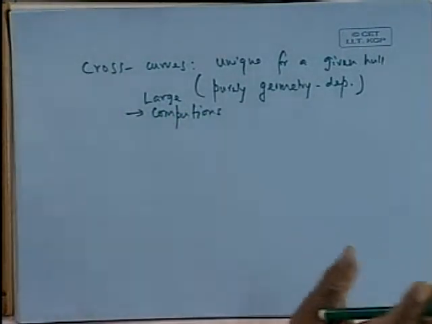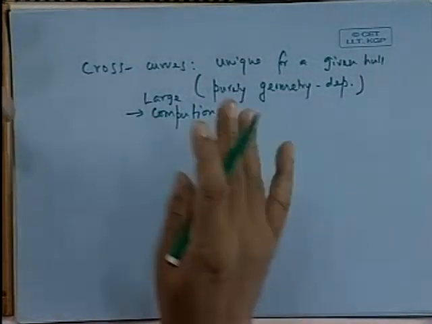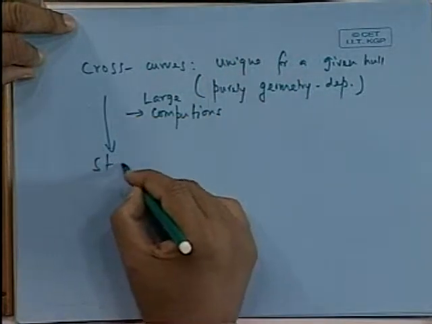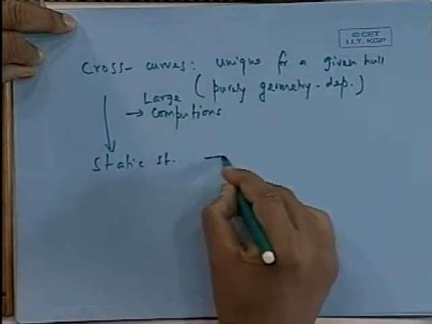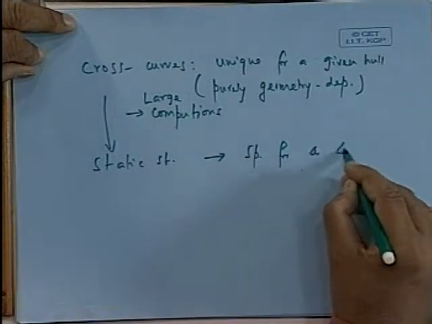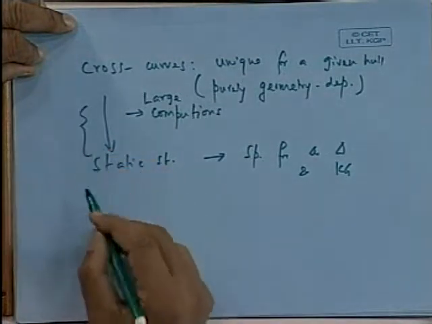Number of computations are large. You have to do a large number of computations to establish that. But once you establish that, from cross curves going to static stability curve, this is actually specific for a displacement and KG. This part calculation is trivial.